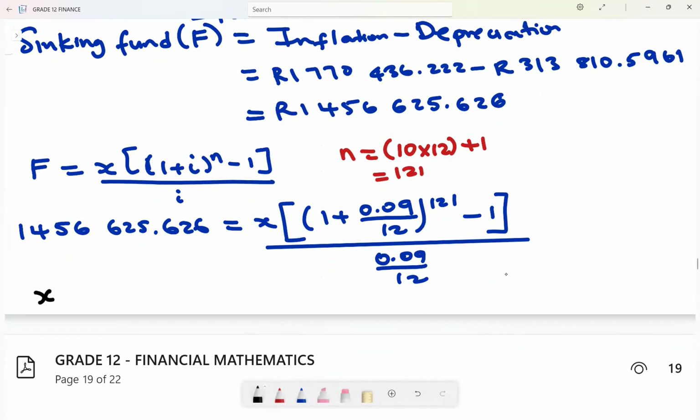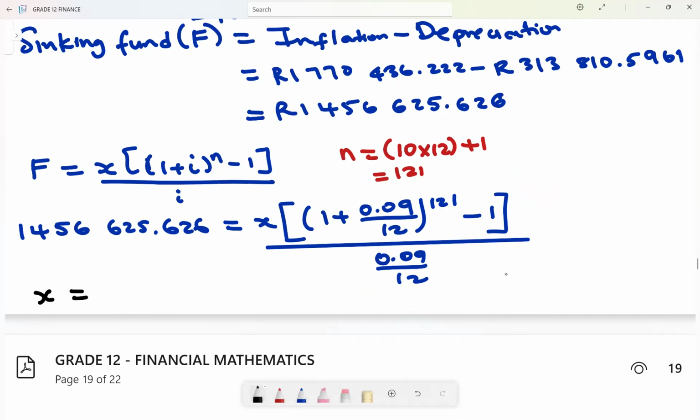So X, when you do your mathematics there, you will get 1,456,625,626 divided by all of this: 1 plus 0.09 divided by 12, to the power of 121, minus 1, and then divided by 0.09 divided by 12.